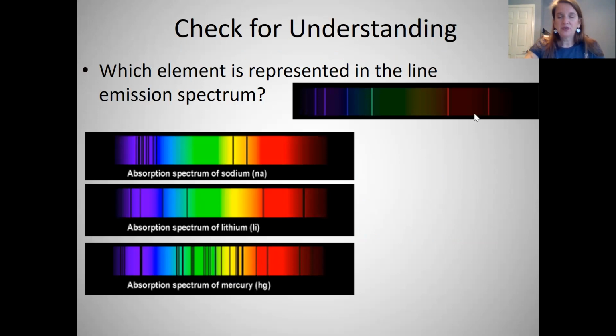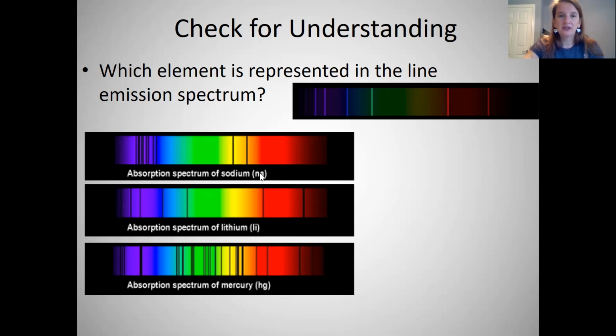So which element is represented in the line emission spectra? We have absorption spectra to choose from, so we're looking to see which of these absorption spectra correspond to this emission spectra up here. We can automatically eliminate mercury because mercury has all of these colors in the green and yellow area that this unknown doesn't have.